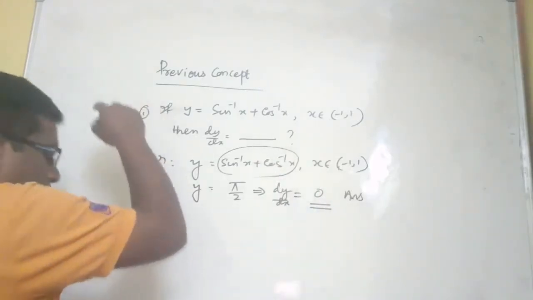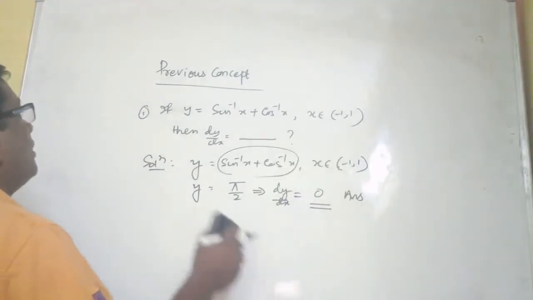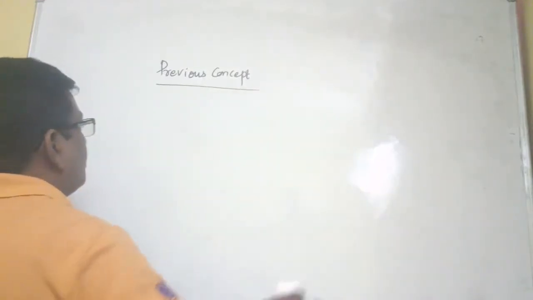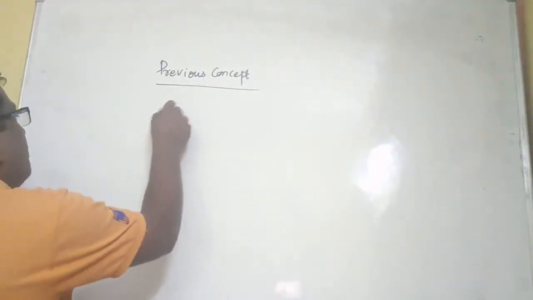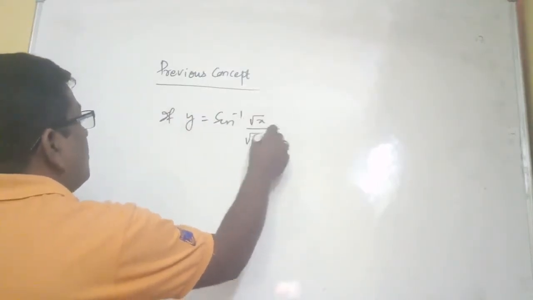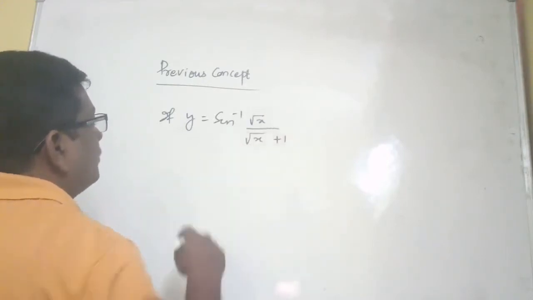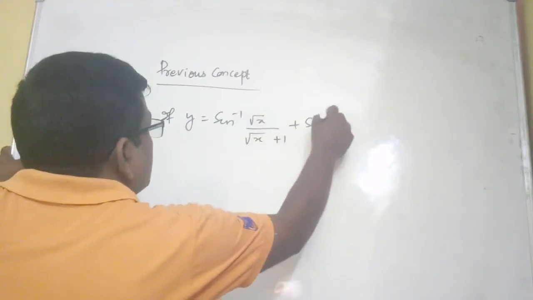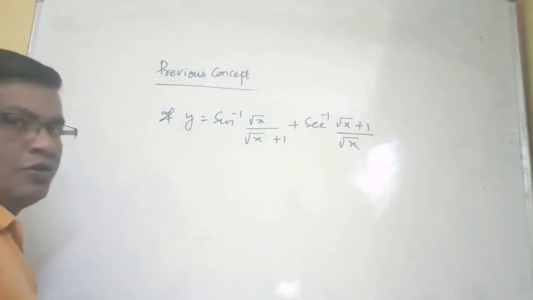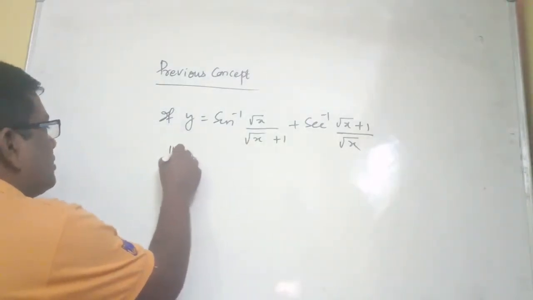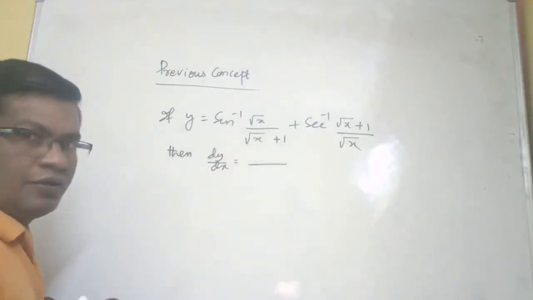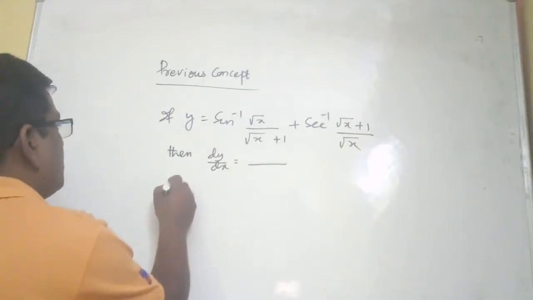This is question number 1 based on previous concepts. Another question. d by dx: if y is equal to sin inverse of root x divided by root x plus 1, plus sec inverse of root x plus 1 divided by root x, then dy by dx is equal to dash.